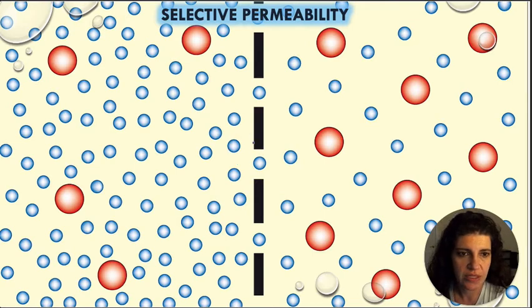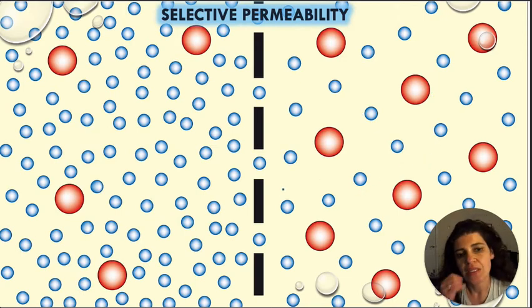What do I see here? I see small particles and big particles, right? So let's say we're talking about the big red particles. Which side do you see more particles? Left or right? There are more particles on the right side, right?